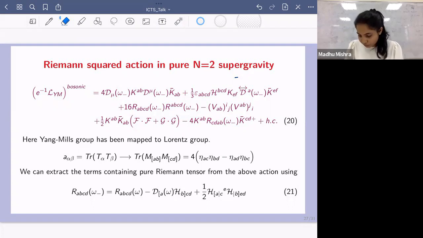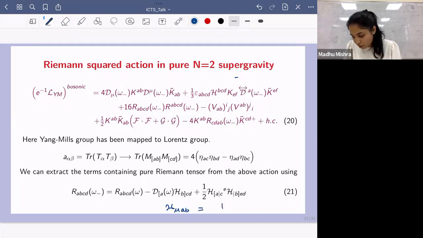This H here, this field strength, depends on omega mu, the bare gauge fields of the dilaton Weyl multiplet, in this way. So for example, if I write omega mu nu rho, then you have terms like this.